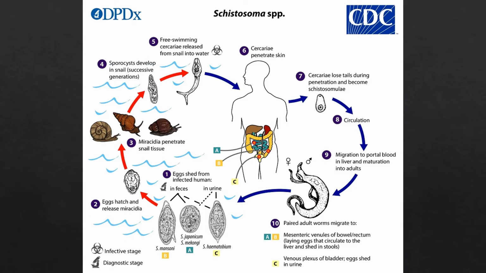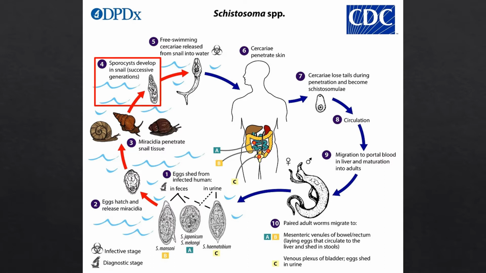And this is the life cycle of Schistosoma species. Schistosoma eggs are eliminated with feces or urine, and under the appropriate conditions, the eggs hatch and release miracidia, which swim and penetrate specific snail intermediate hosts.